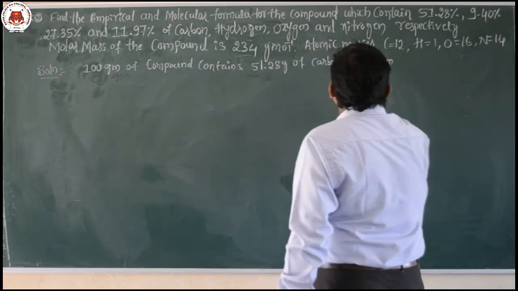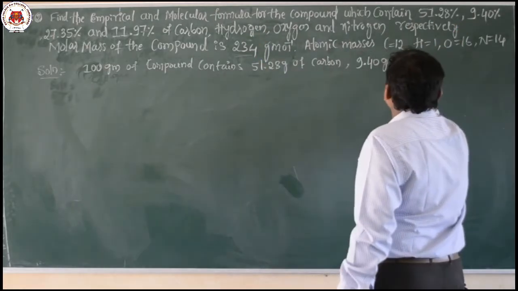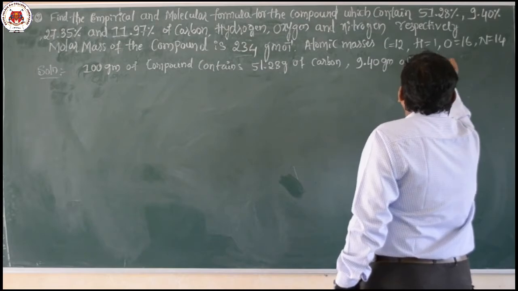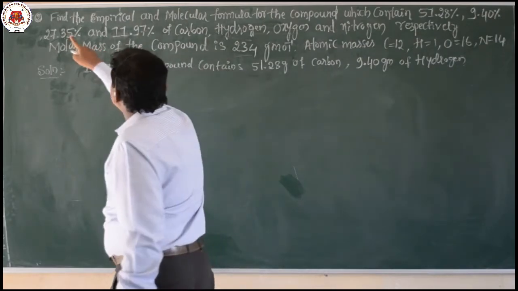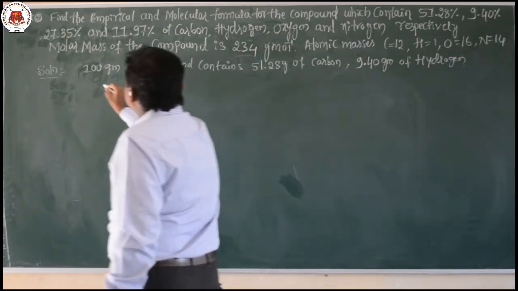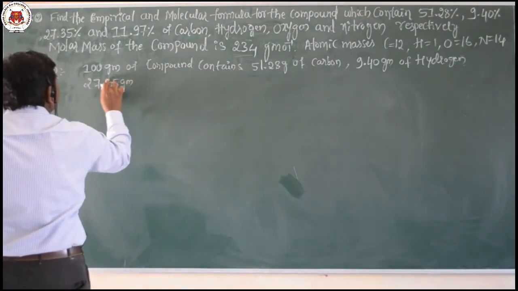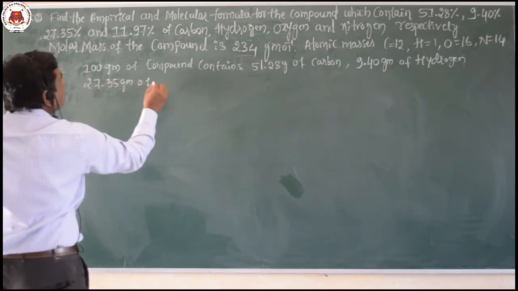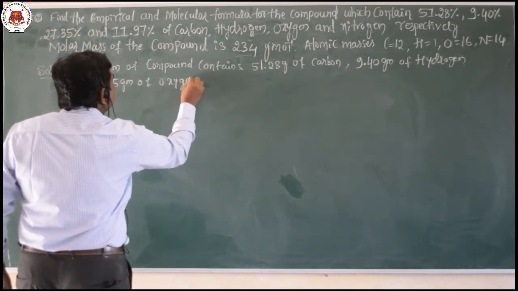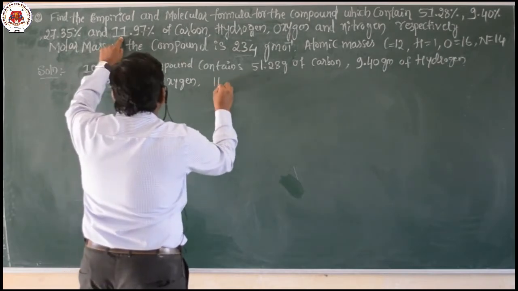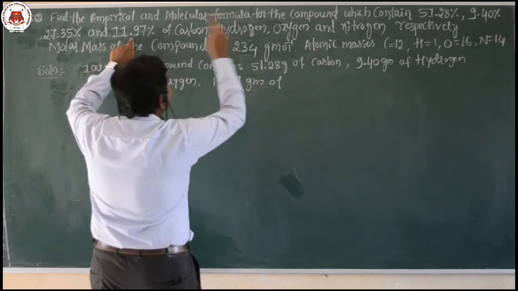Third, 27.35% of oxygen becomes 27.35 gram of oxygen, and the last one, 11.97 gram of nitrogen.